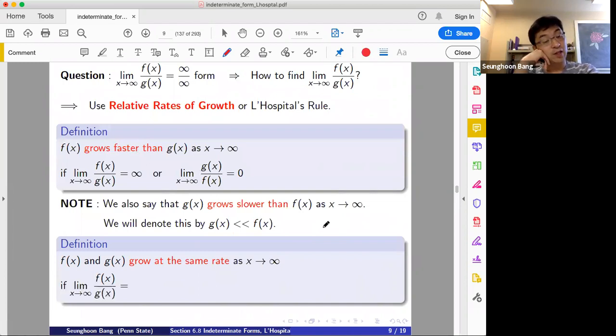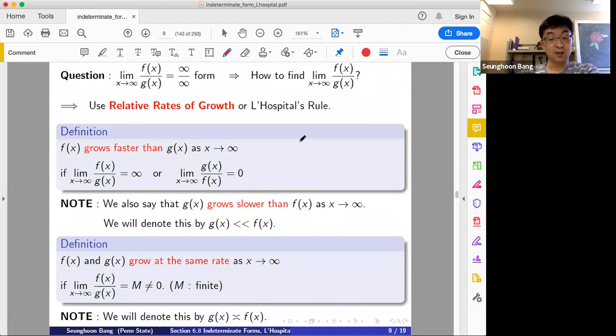The limit of f of x over g of x as x approaches infinity is a finite number m, where m is a non-zero finite number. We denote this with this notation, meaning same rate. You can use it. So let me see.